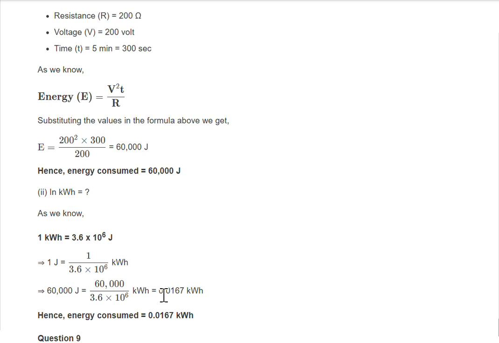So 10 to the power 6 means 6 zeros. Already one decimal point is there, so 36 and 5 zeros will come. When we do that division, you have to use the long division method, no other excuses.